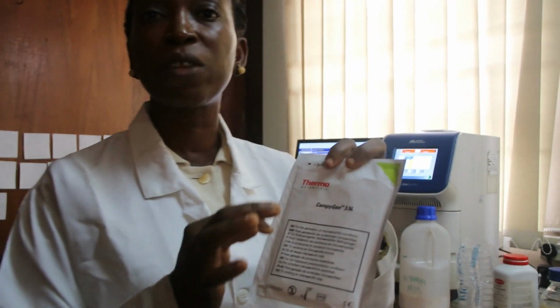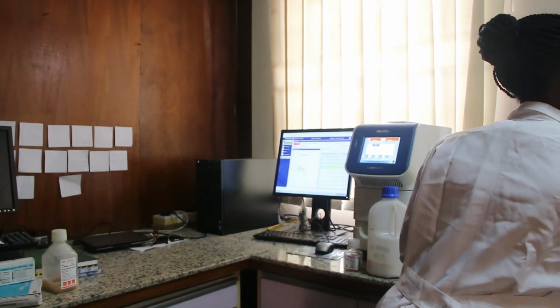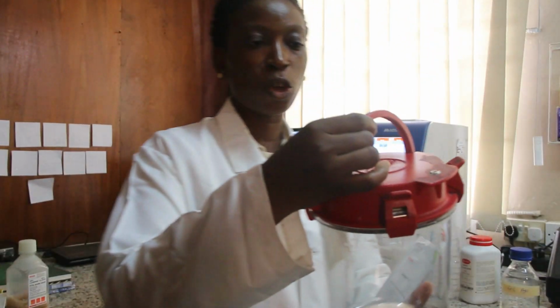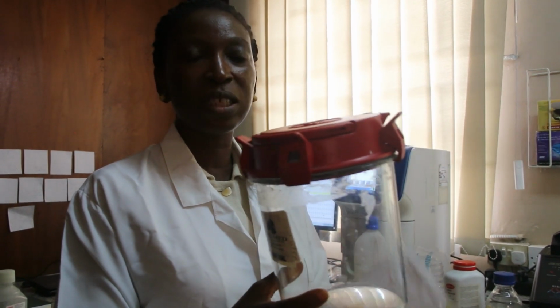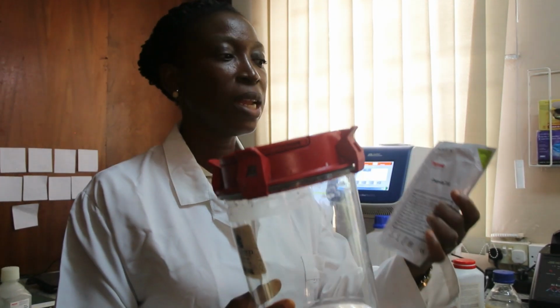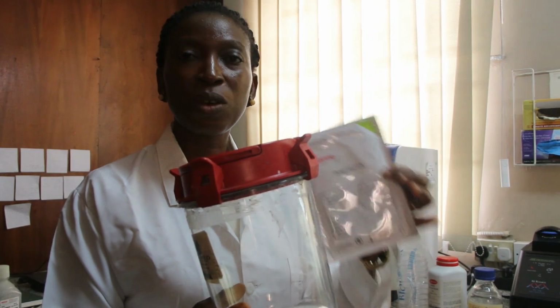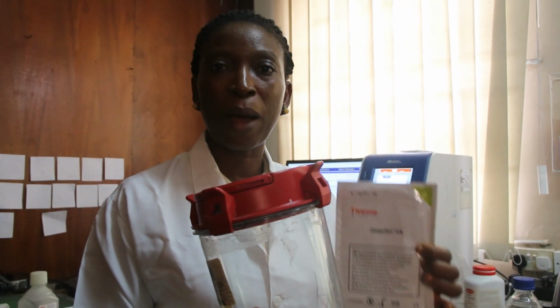If you look at this product carefully, we have 3.5 liters on this, depending on the gas jar that is going to be used. For a gas jar of this particular volume, about 3.5 liters, this 3.5 liter gas pack will be used.